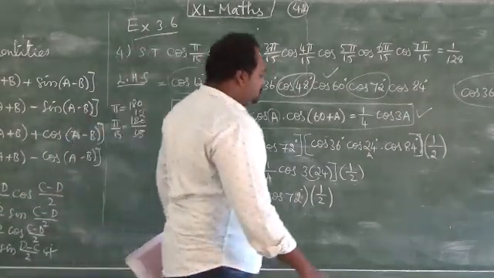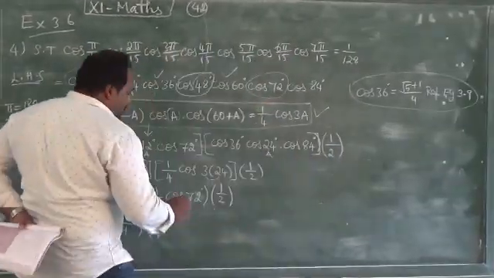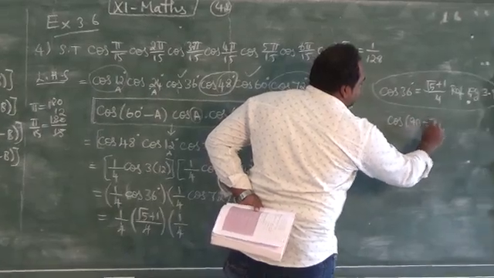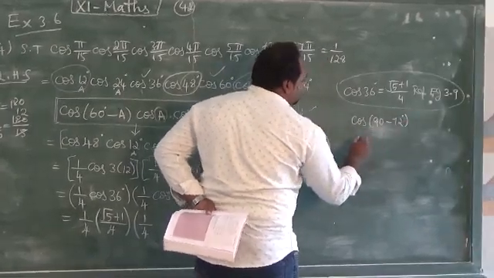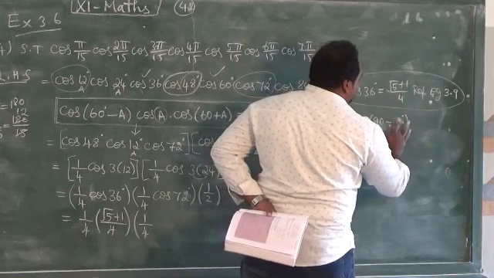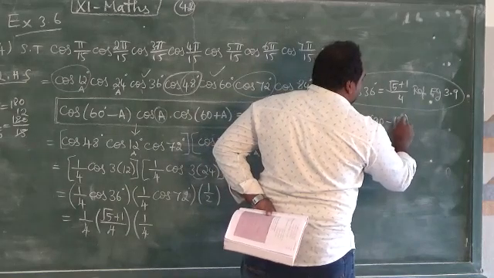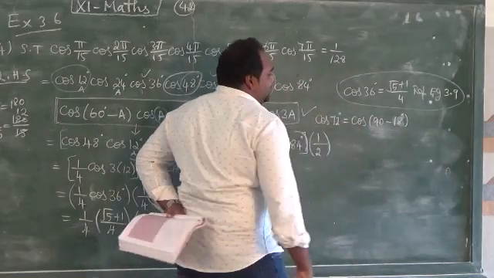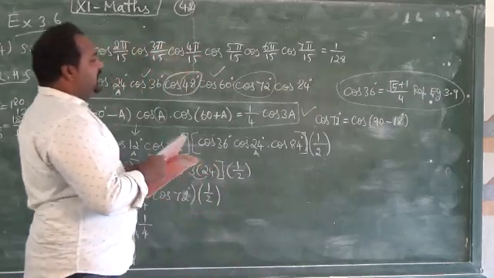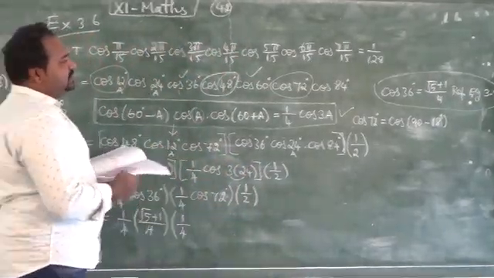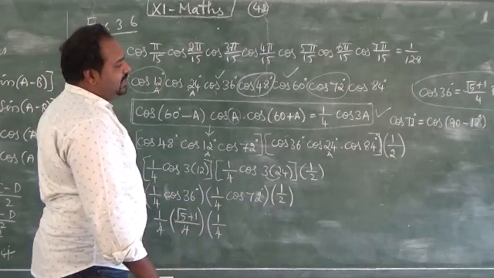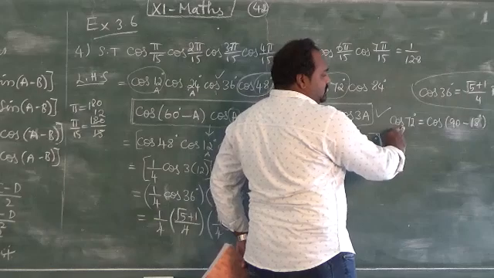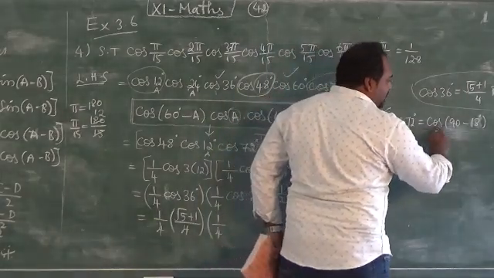Here cos 72, instead of cos 72, I am going to write cos 72 can be written as 90 minus 18. So cos of 90 minus 18 can be written as cos 72. So instead of cos 72, I have written cos of 90 minus 18.